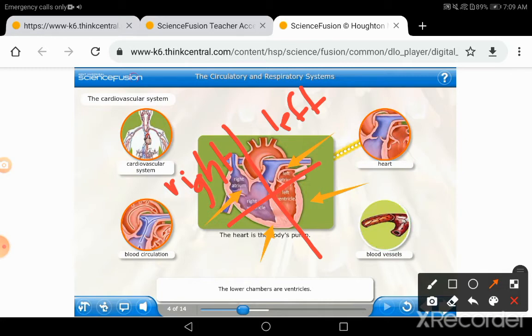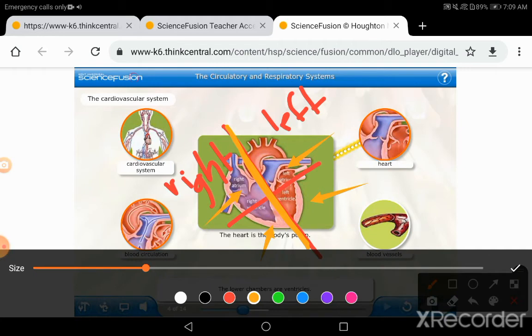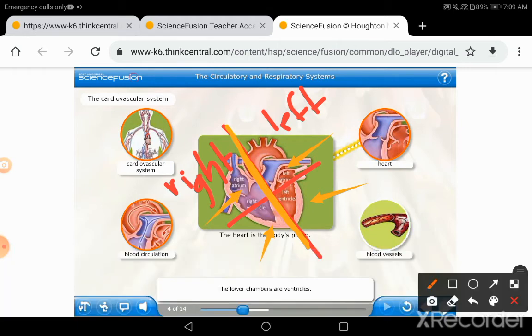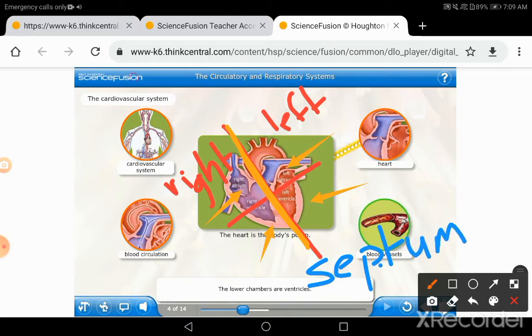The 2 sides are separated by a thick wall called the septum. It's a thick wall that separates the left side and the right side because they have oxygenated blood and deoxygenated blood, to make sure they are not mixed together.